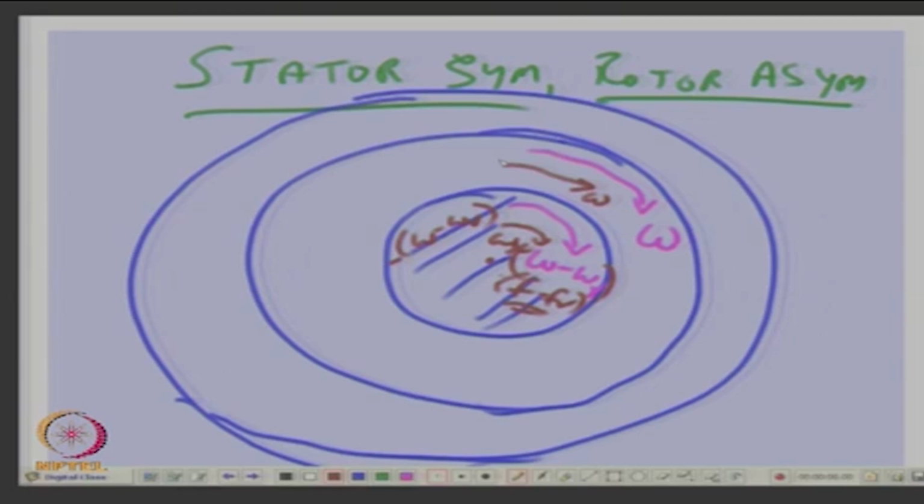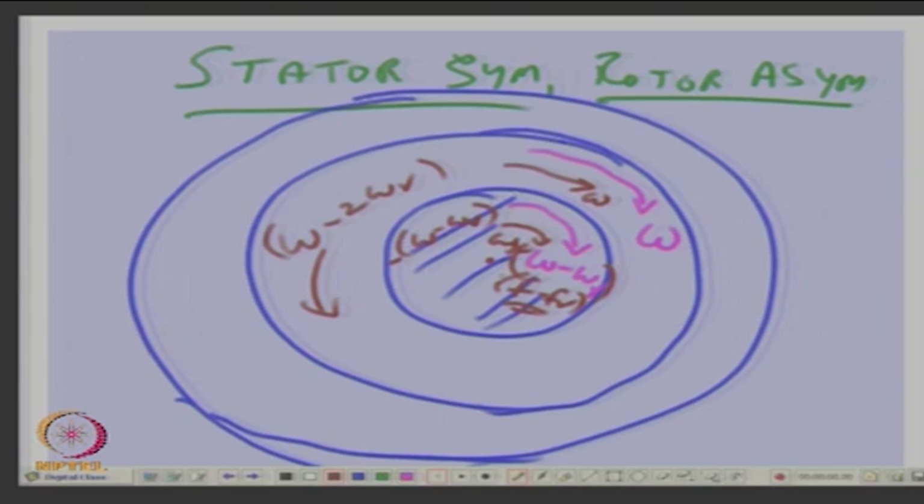Rotor field, on one side, will be omega with reference to the stator, and the other side will be minus omega minus omega r, which will be equal to omega minus 2 omega r. Because it is at minus omega r, and the rotor is rotating this way, it is a difference.